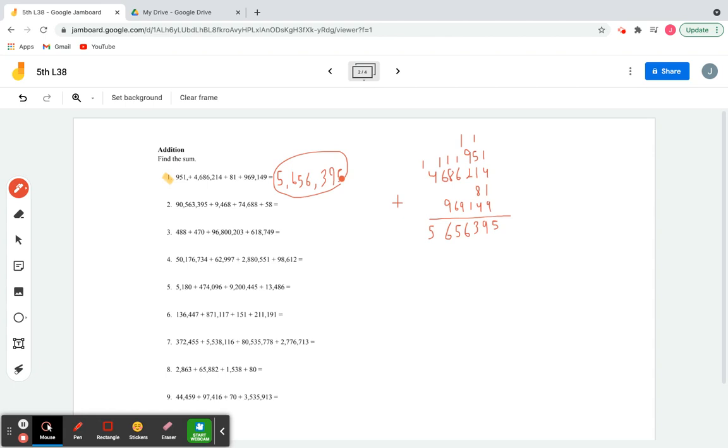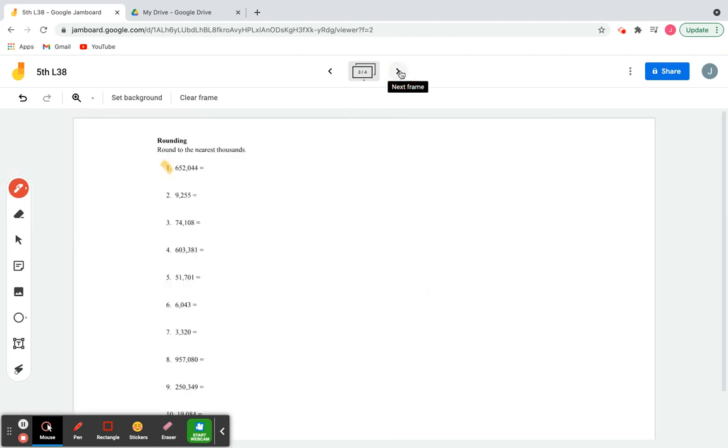Okay. And then let's move on to the next page, which is rounding. So we're doing rounding for this page, and let's work on number 1. So we're rounding to the nearest 1,000. So we have to round the number to the nearest thousands. So we're going to look at the number which is on the hundreds place, and we have 0 here, which is less than 5.